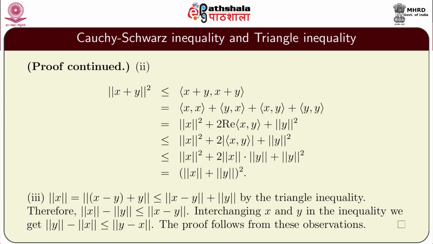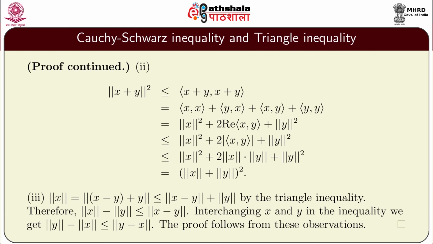Again, by the defining properties of the inner product, we get inner product x x plus inner product y x plus inner product x y plus inner product y y, which is the same as the norm of x square plus the norm of y square, and inner product y x plus inner product x y gives rise to 2 times the real part of the inner product x y.